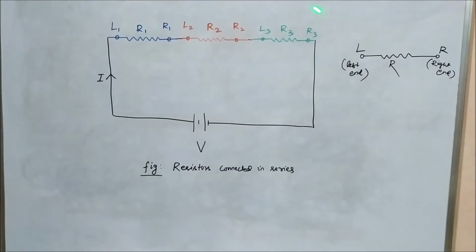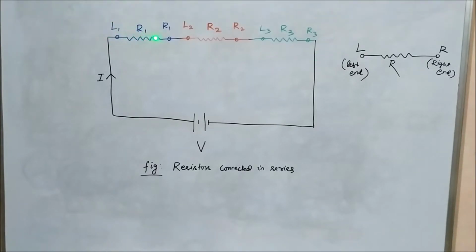Now whenever you find one of the ends of a resistor is connected to the other end of another resistor, the next resistor, and again one of the ends of that resistor is connected to another end of the next resistor, in this type of end-to-end connection you can say that the resistors are connected in series.